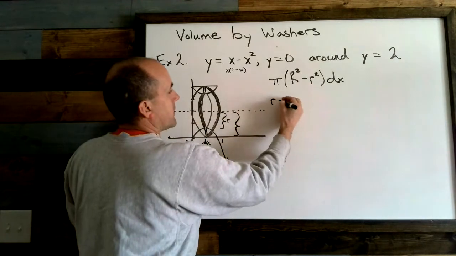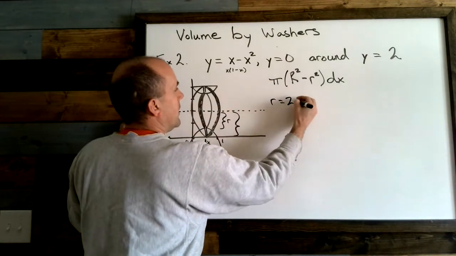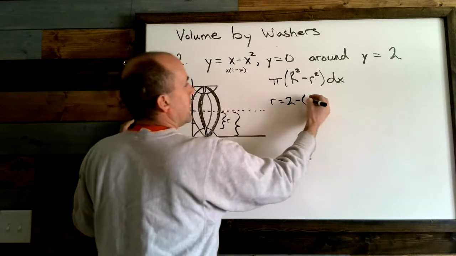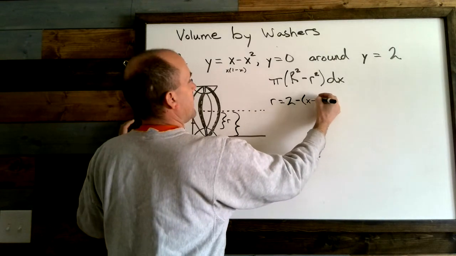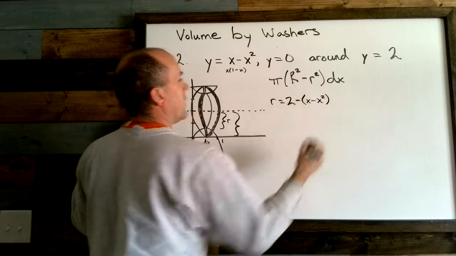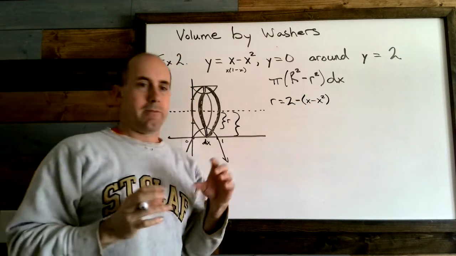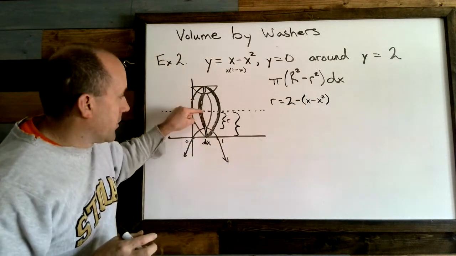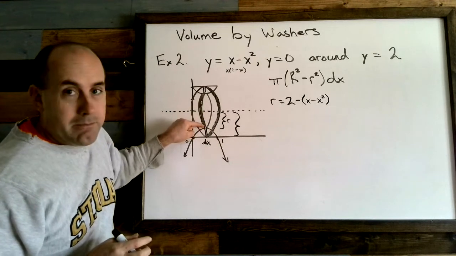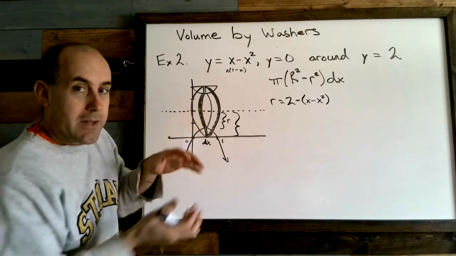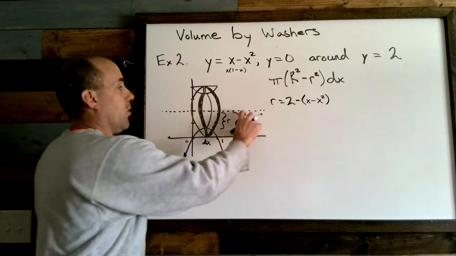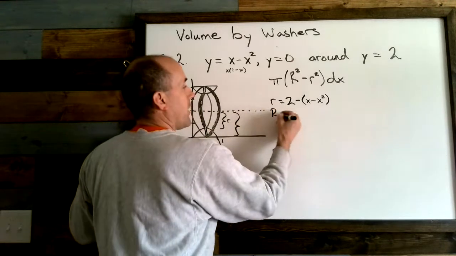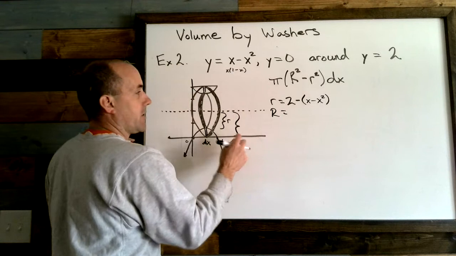That little radius is 2 minus my function, x minus x squared. That's this distance right here, top minus bottom, okay? Top minus bottom. That's how we come up with distance. So that's my little r value. What's my big R value? My big R value is the distance from here down to here, which is 2.